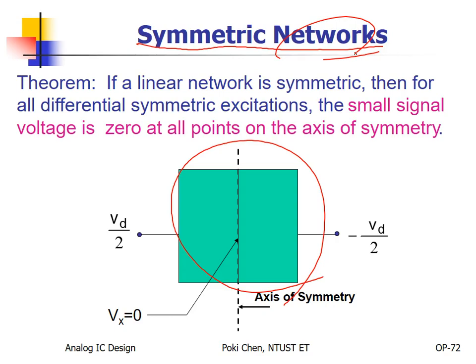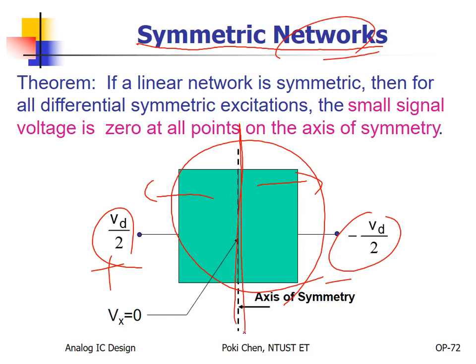If the network is symmetric, you can see that left and right are the same. Then you apply your input differentially, positive here, negative there, with the same magnitude. Then on the axis of symmetry, the voltage here should be 0.